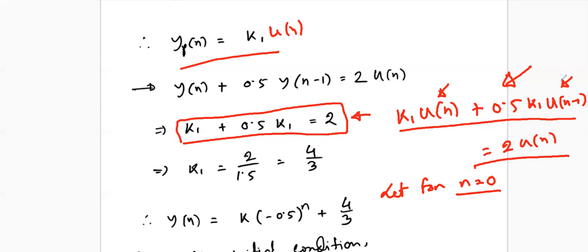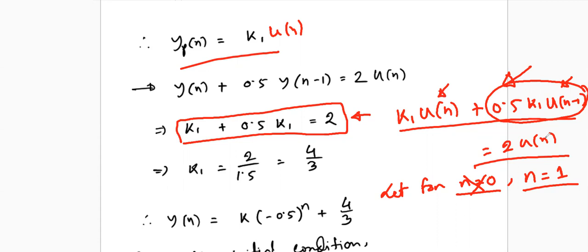If I put n equal to 0, it will be u minus 1, and u minus 1 is 0. That means it will cancel this term. That is why I will not choose n equal to 0. I will choose n equal to 1. If I choose n equal to 1, what will happen? k1 u1. What is the value of u1? Definitely 1. 0.5 k1 u, n equal to 1 minus 1, that means u0. u0 is again 1, and is equal to 2 u1. u1 is again 1.